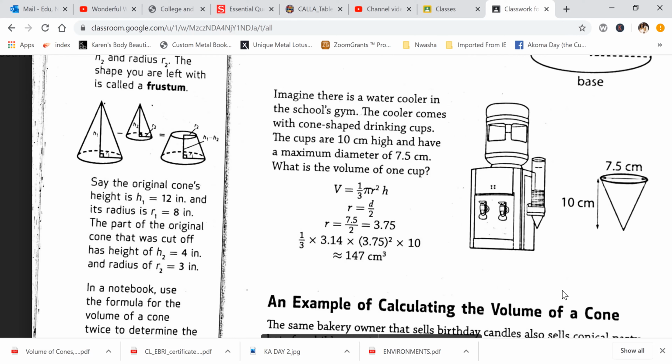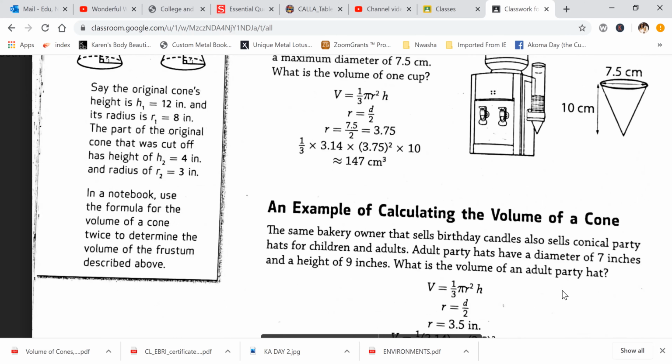So this one says the original cone's height is 12 inches and the radius is 8 inches. The part of the original cone that was cut off has a height of 4 inches and a radius of 3 inches. In a notebook, use the formula for volume of a cone twice to determine the volume of the frustum described above. So let's see if we can figure this one out.